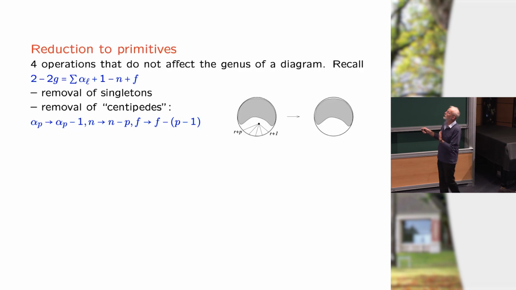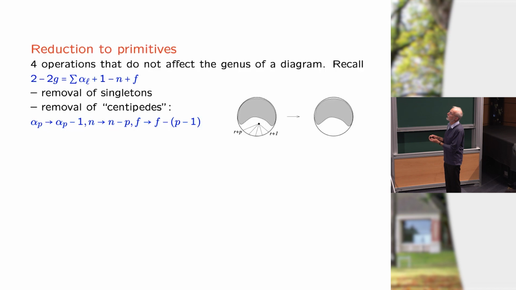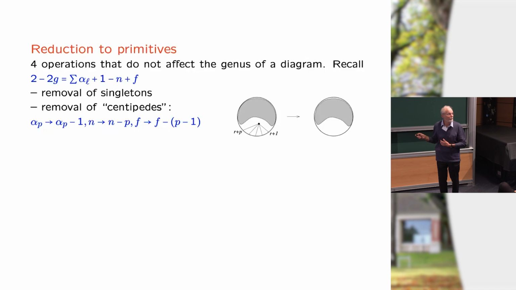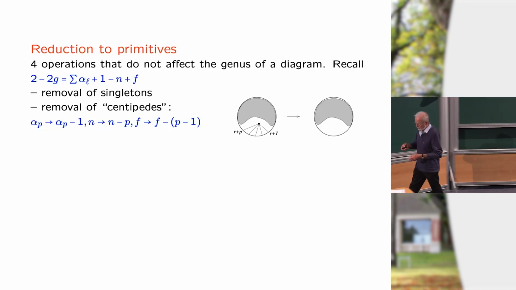If you remove this pattern here, you are changing alpha p by 1, you're changing n by n minus p, and you have lost p minus 1 faces here, and therefore the genus is not affected either.